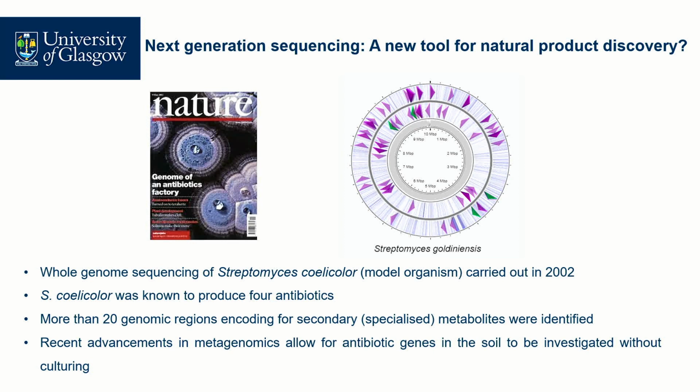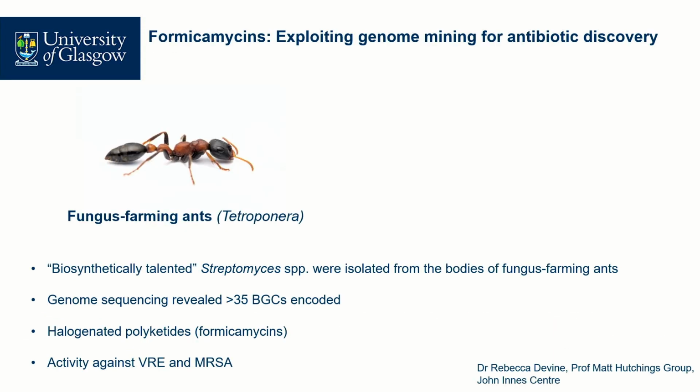Metagenomics has come so far that we can actually just sequence the DNA in the soil, look for genes within that soil that encode predicted antibiotic clusters and clone those out and try and express them in other species. So some of these developments are really interesting and could potentially really advance our understanding of these products.